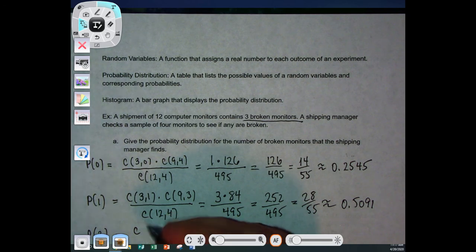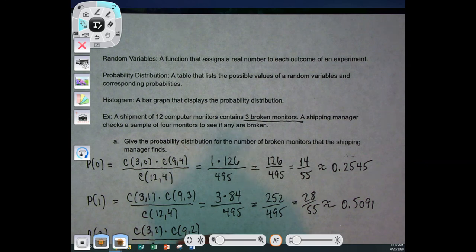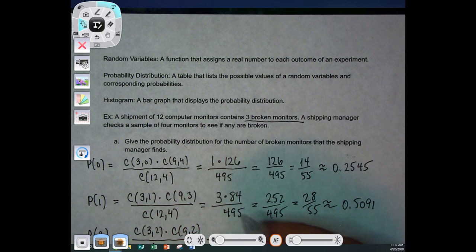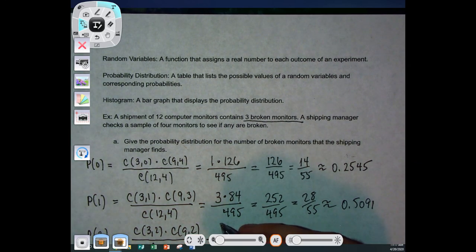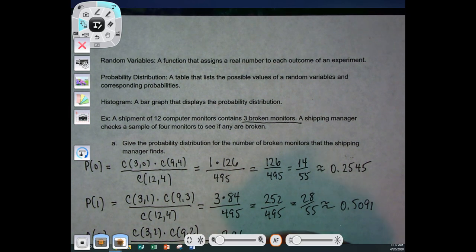So we're going to do 3 choose 2 times 9 choose 2 over 12 choose 4. When I do that, this time we end up with 3 times 36 over 495.